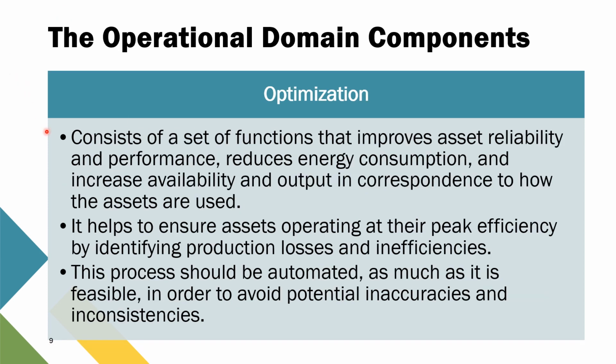So the next one is optimization. It consists of a set of functions that improve asset reliability and performance, reduce energy consumption, and increase availability and output, and correspond to how the assets are used.